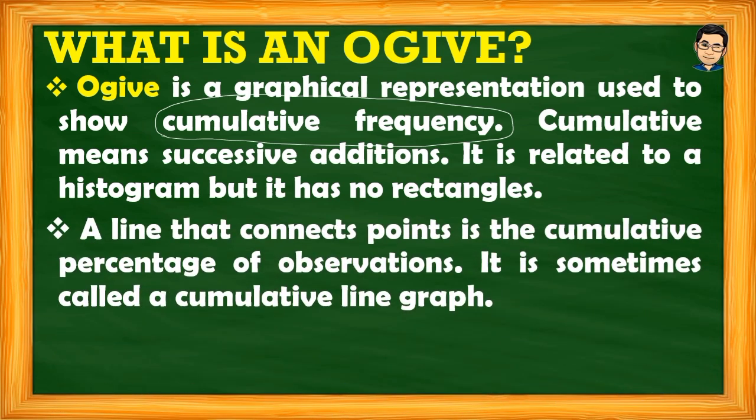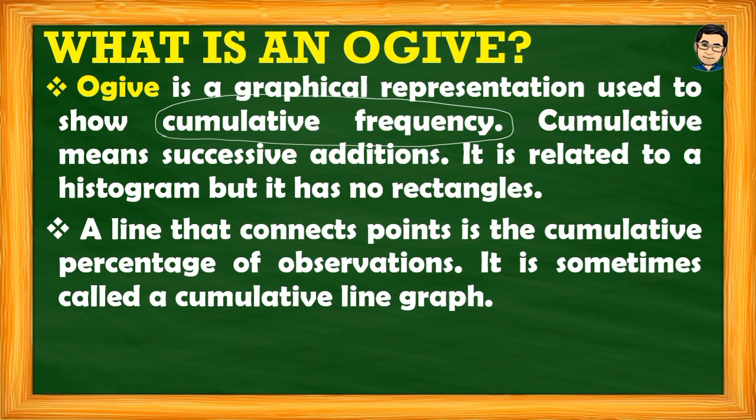So, a line that connects points is the cumulative percentage of observations. It is sometimes called a cumulative line graph. Okay, so dito, points lang ang makikita natin dito para siyang line graph. So, kaya lang, cumulative line graph siya.